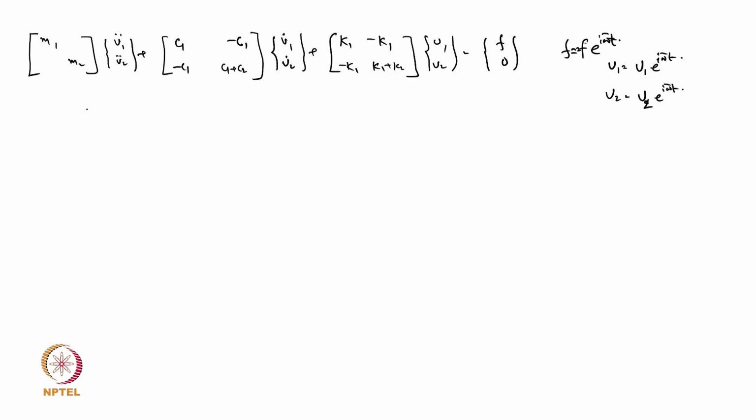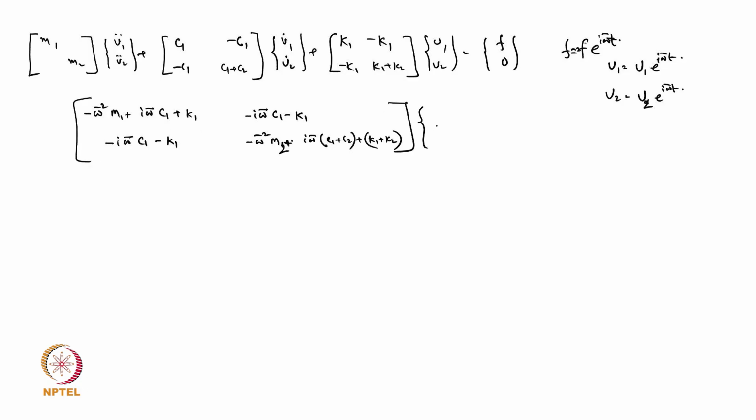Okay, so if we have that, I can write it: minus omega bar square m1 plus i omega bar c1 plus k1, minus i omega bar c1 minus k1, minus i omega bar c1 minus k1, minus omega bar square (m1 plus m2) plus i omega bar (c1 plus c2) plus (k1 plus k2), with u1, u2 should give you f and 0.